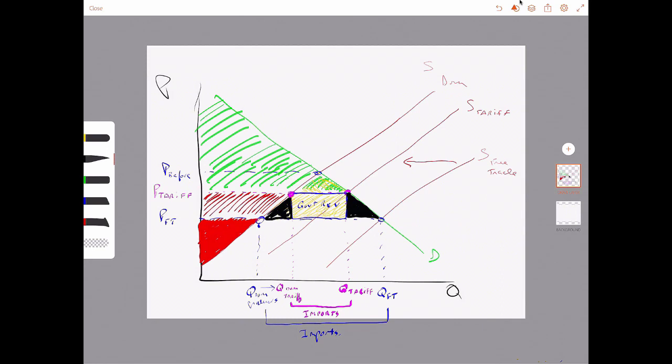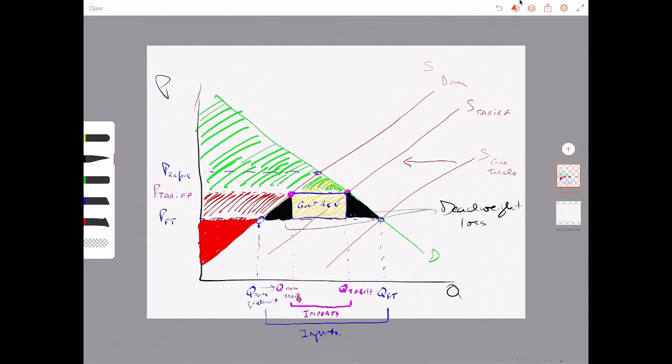And if you remember our discussion about taxes, whenever a tax is put in place, it causes a loss of surplus. And these two black triangle areas, these are our old deadweight losses. Value that was there before the tax was put in place, and now it's not there anymore.